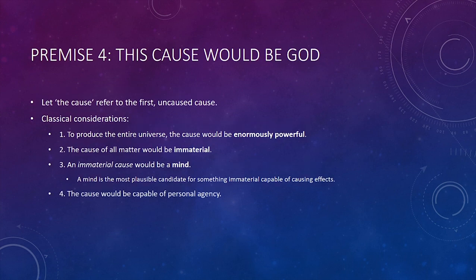A fourth kind of consideration is that a first cause would be capable of personal agency. Why think that? When I was in graduate school, I had a conversation with William Lane Craig about this very issue, and I asked him, why couldn't it instead be the case that the first cause is a kind of timeless or changeless entity that spontaneously produces change? And his response was very interesting.